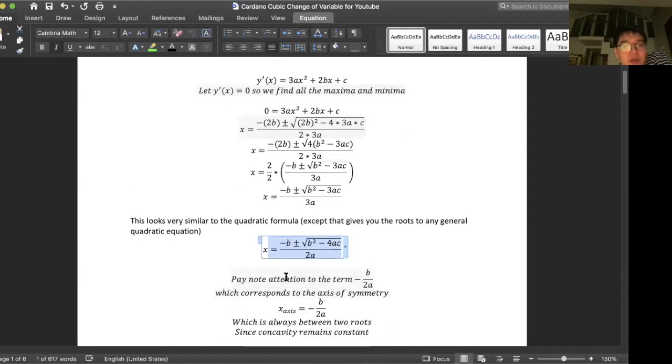Now, do note that in the quadratic formula, the term negative b over 2a corresponds to the axis of symmetry. What is the axis of symmetry? The axis of symmetry is where the sign of your curve changes in terms of its values. Why? Because you're at a critical point.